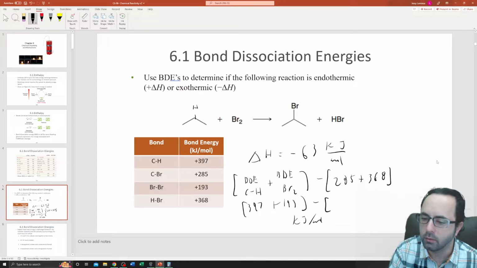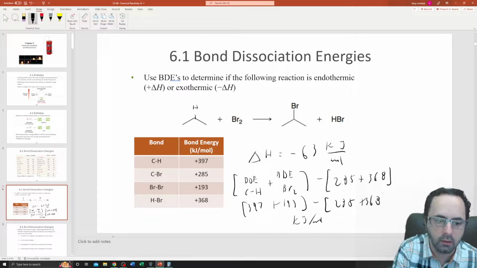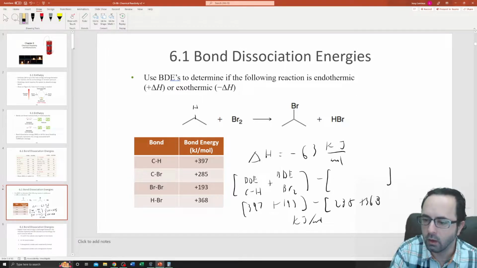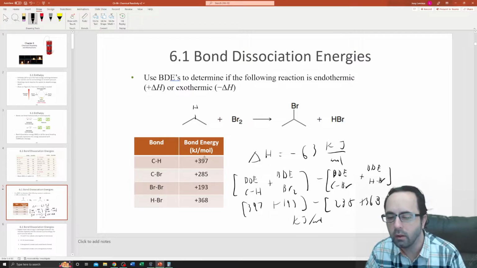Subtract both of them. So bonds broken minus bonds formed.